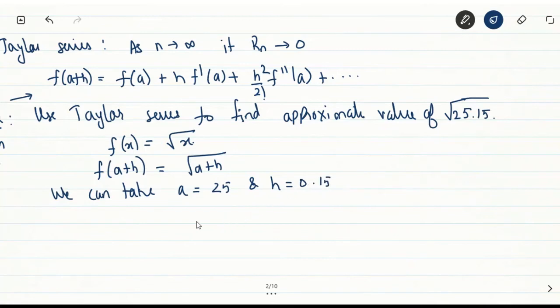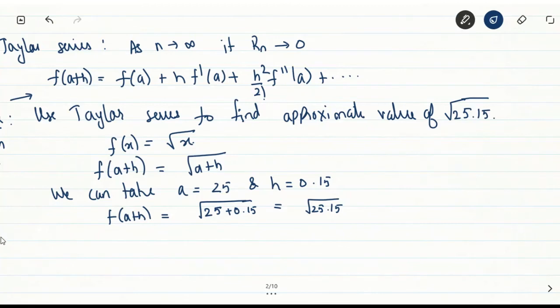If we take a equal to 25 and h equal to 0.15, then f of a plus h is equal to under root of 25 plus 0.15, that is nothing but under root of 25.15. Now we will use the Taylor's theorem.